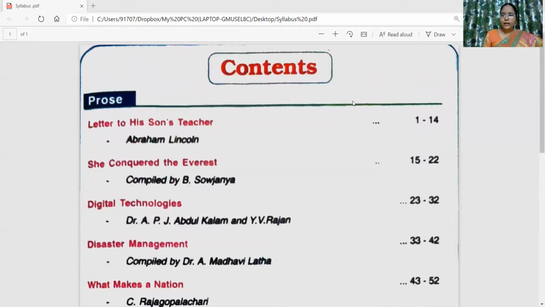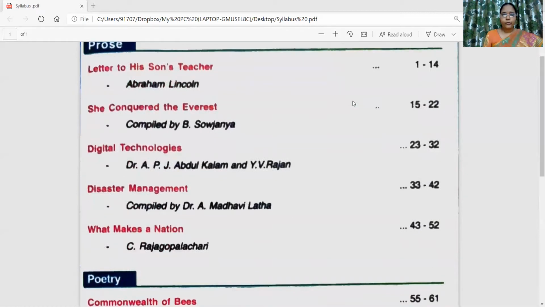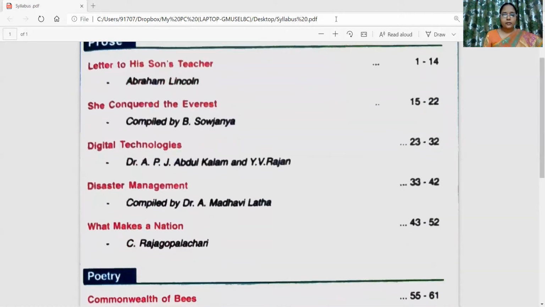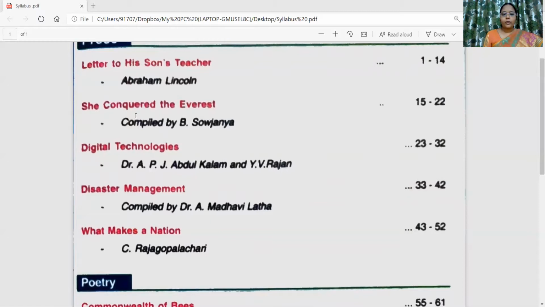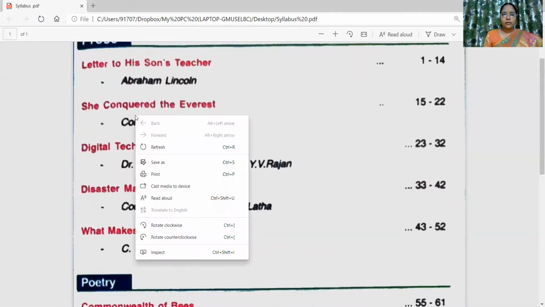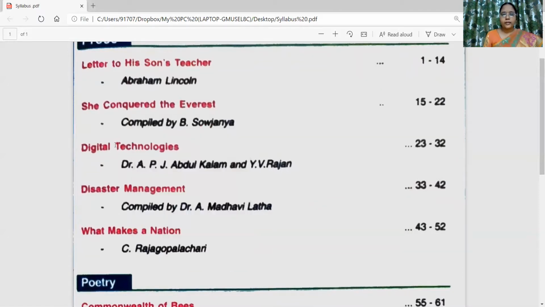So in the prose contents, I'm going to explain you. Prose, you have 5 lessons. So I'll give you the brief description of each lesson. The first lesson is Letter to His Son's Teacher, written by Abraham Lincoln. In this lesson, Abraham Lincoln wrote a letter to his son's teacher.